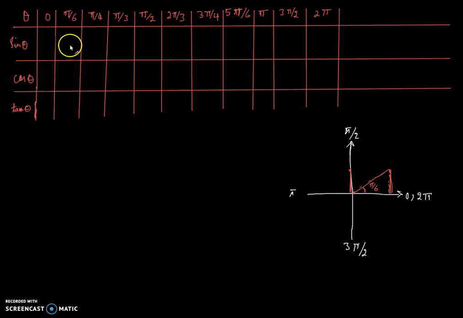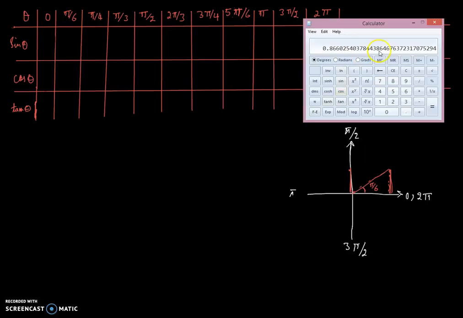We know that the value of sine pi by 6 is 0.5. If you use a calculator, in degrees, if you enter 30 and then hit sine, you get 0.5.